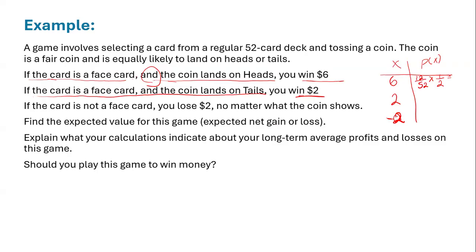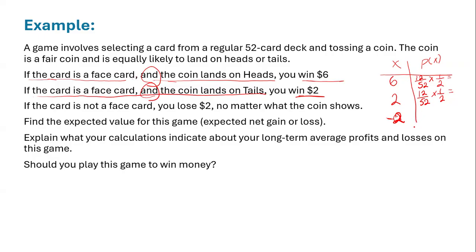Second case, if the card is a face card and the coin lands on tail. If the card is a face card, still the probability is 12/52 because we have 12 face cards out of the 52 cards, and the coin lands on tail, so the probability of getting tail is 1/2, and because of and, we multiply these probabilities, and the answer is the probability of winning $2, which is exactly the same as the probability for the $6. And it says if the card is not a face card, what's the probability of getting any card that is not a face card?